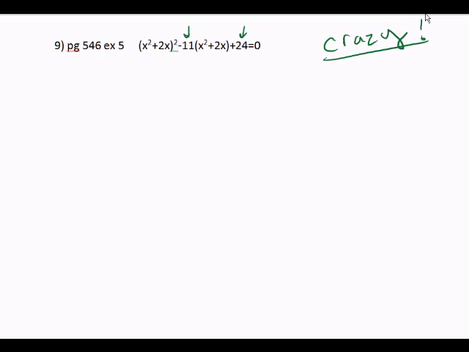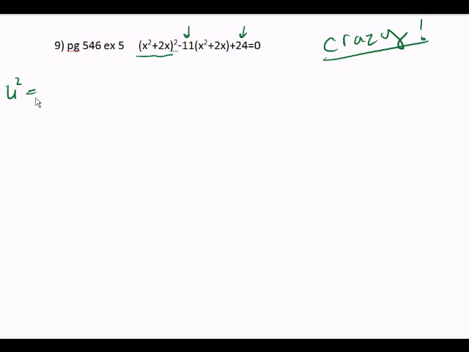Now, anytime you see the crazy problems, and I wrote down crazy for 3 different problems, the last 3 problems, 7, 8, and 9, step number 1 is tell us what u equals.